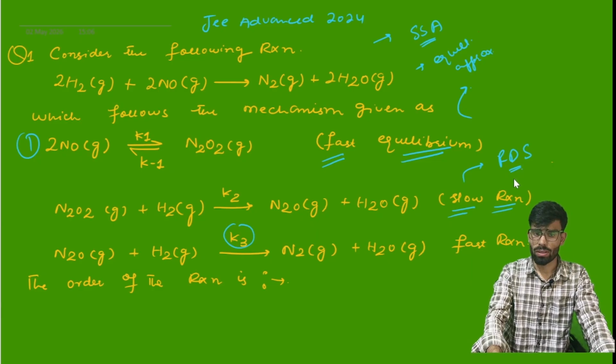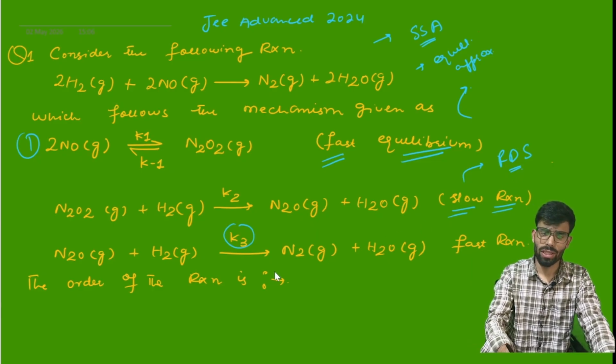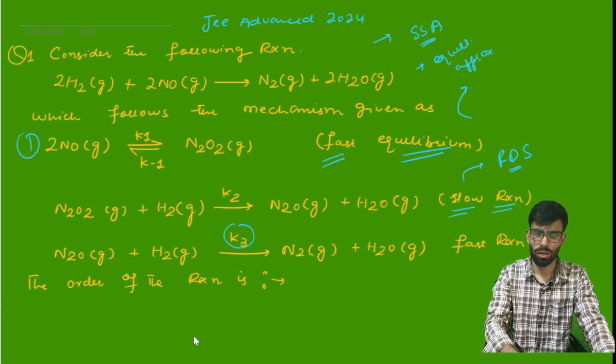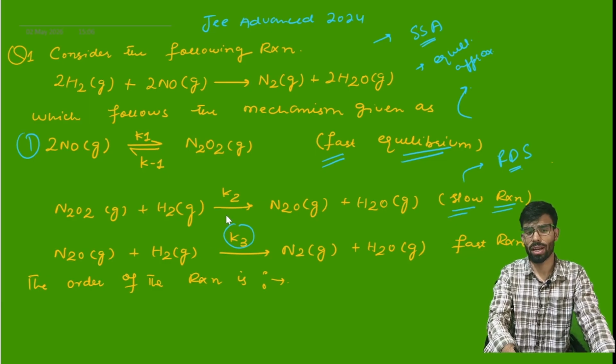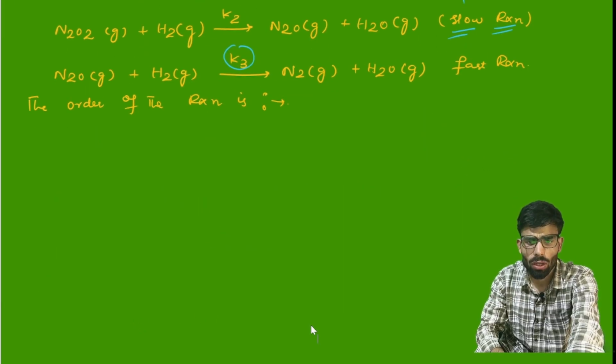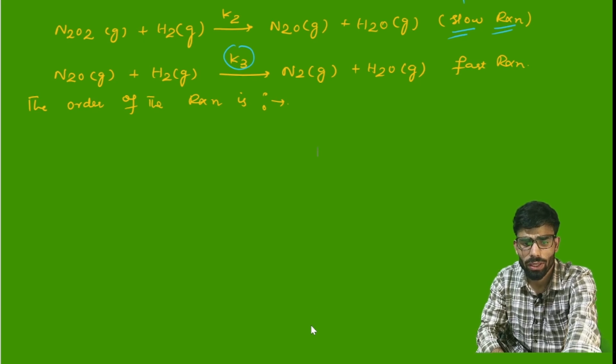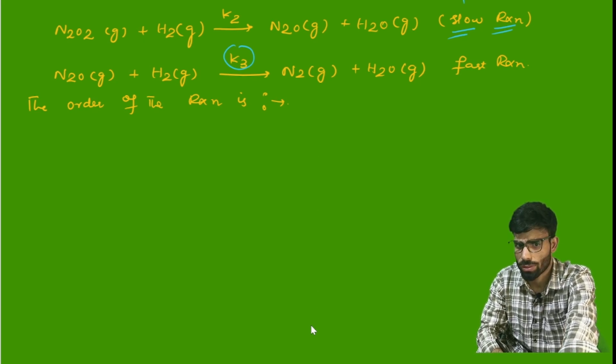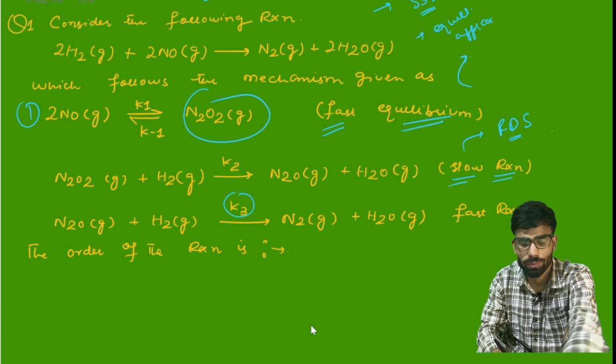In a complex reaction, we directly write the rate of the reaction by using the RDS, the rate determining step. To find the order of the reaction, we rely on the slowest step, that is our rate determining step.